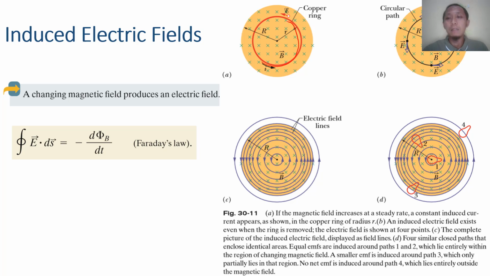So we get a point in the magnetic field. Why does it create the electric field? Because we have the EMF here, and also the current here, so it will create an electric field.